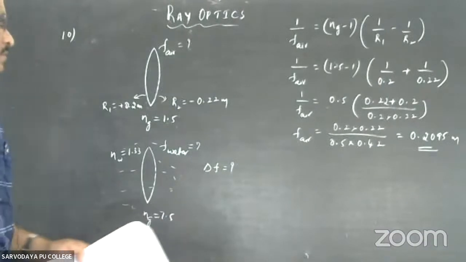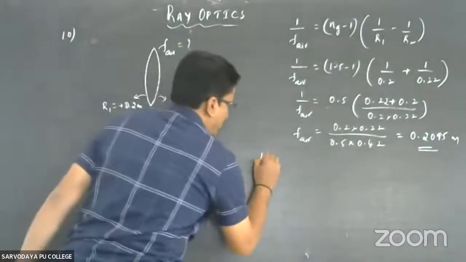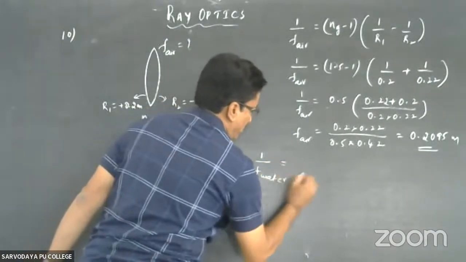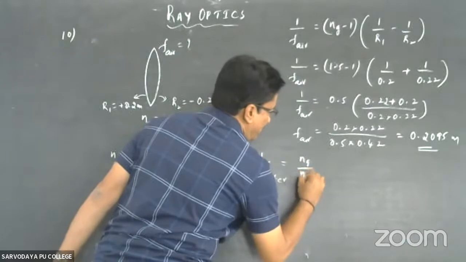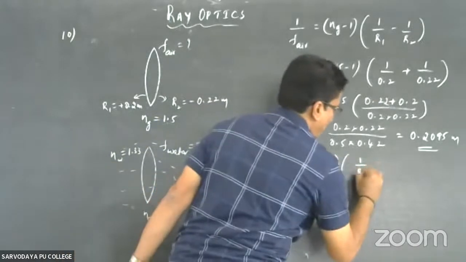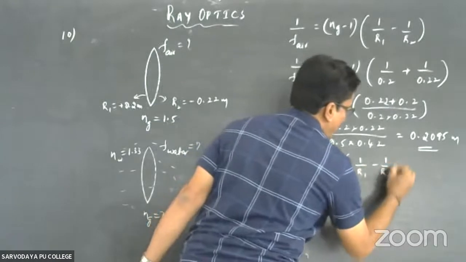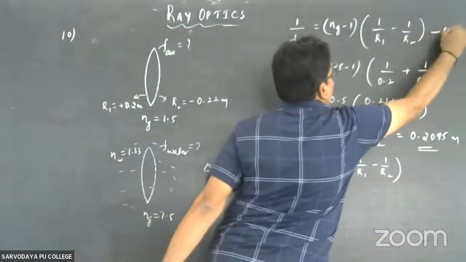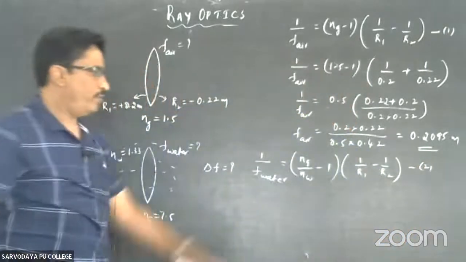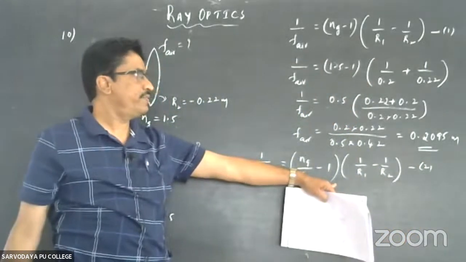Now, once we place the lens in water, here we get Ng by Nw minus 1 into 1 over R1 minus 1 over R2. If you want, you can substitute here itself.